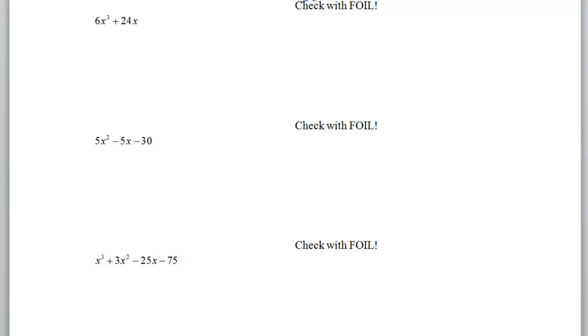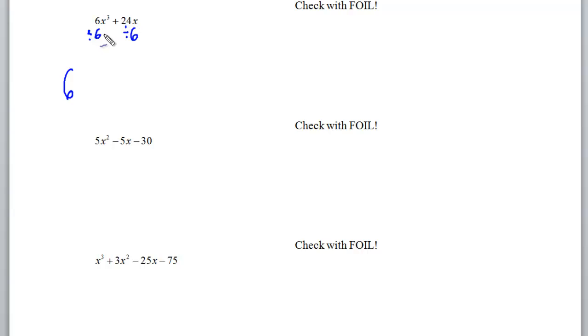Okay, so the first question I should ask myself: is there a number or letter, or both, I can factor out of these two terms? The answer is yes. The number that divides 6 and 24 is 6, so I'm going to pull that out in front, which means I'm going to be dividing this one by 6 and dividing this one by 6. Is there a letter I can divide from each of these?